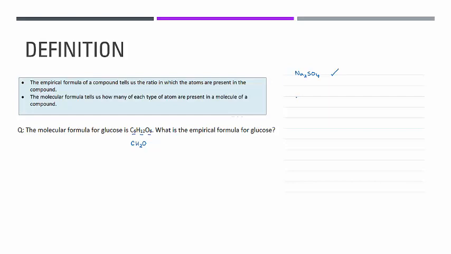What about this one over here? In this case, both of these numbers can be divided by 2, so we can do that. C2 becomes just C, and H6 becomes H3. So that's the molecular formula, and this is the empirical formula. And the last example is this one.